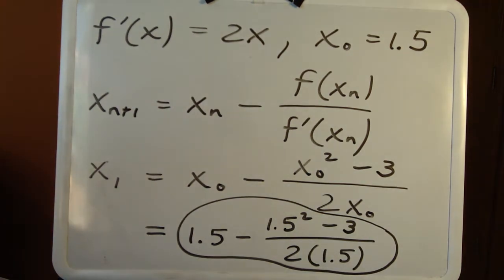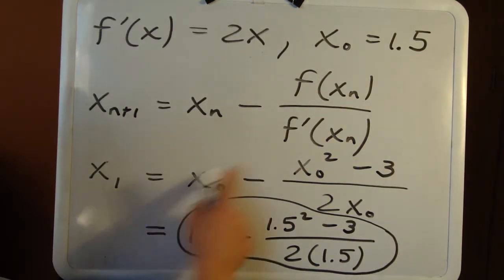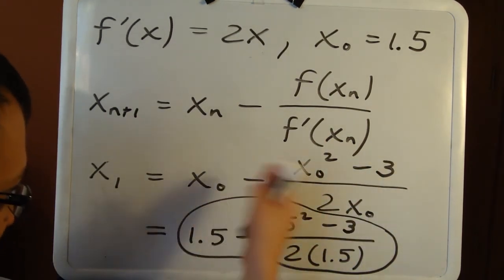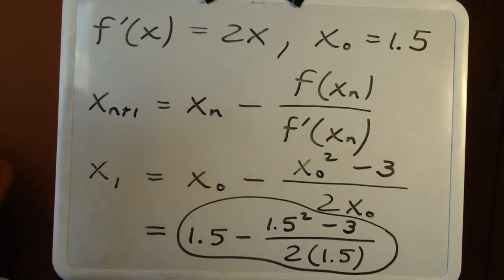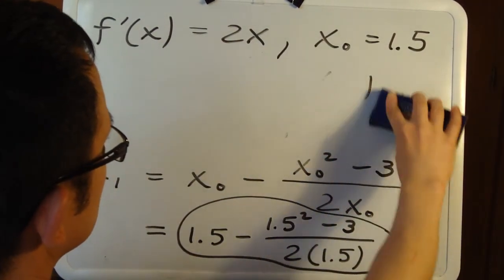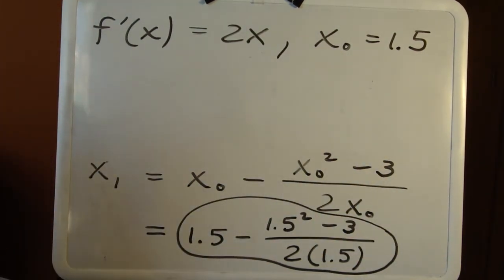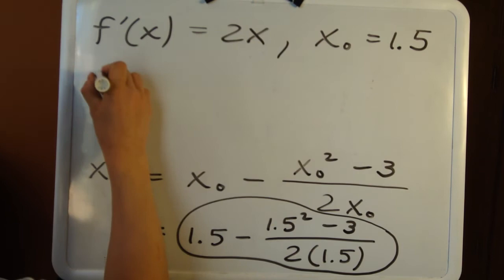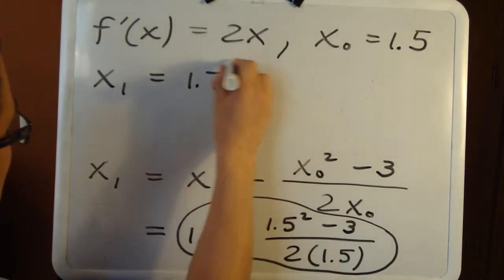Once you get to this point, this becomes a calculator exercise where you use your initial guess 1.5, plug it into Newton's method, and calculate this, and it's going to give you x sub 1, the improvement. If you punch all of that into a calculator, I'll let you try that, this ends up being 1.75.